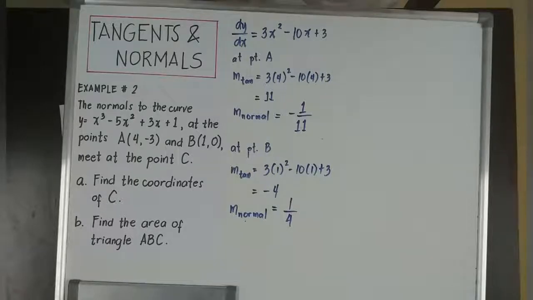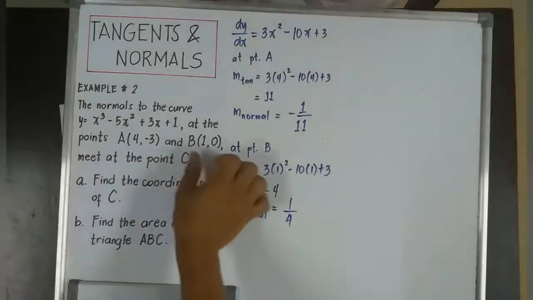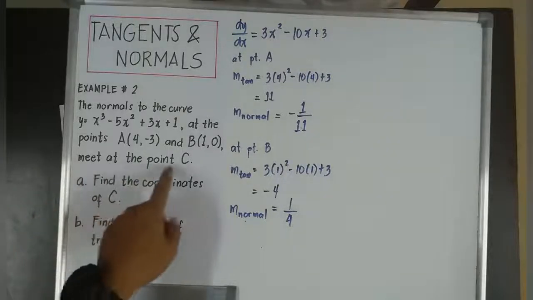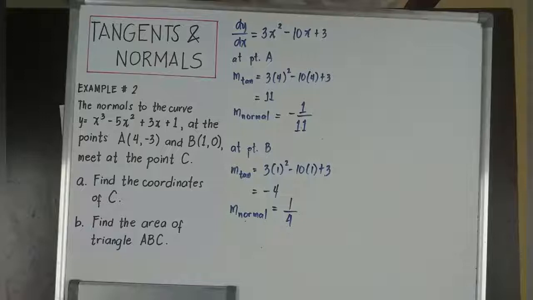After finding the gradient of the normals at those certain points, then you can already give the equation of the normals. Remember, the normals will meet at point C. When two lines intersect at a certain point, that point will be the solution of the simultaneous equation of the two normals.